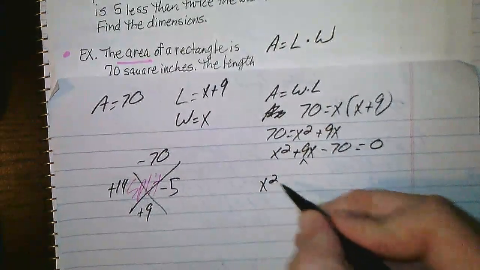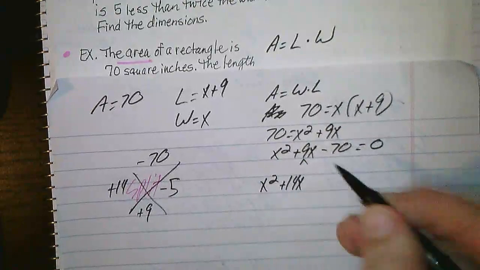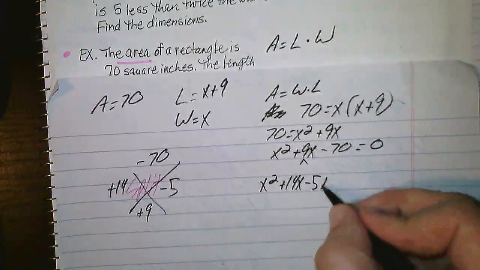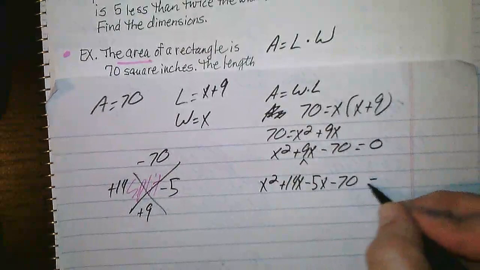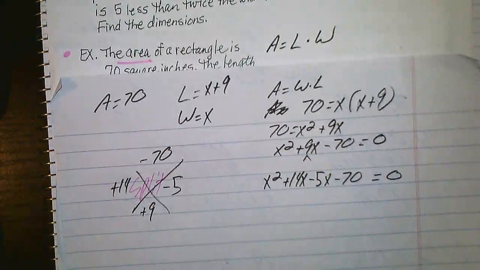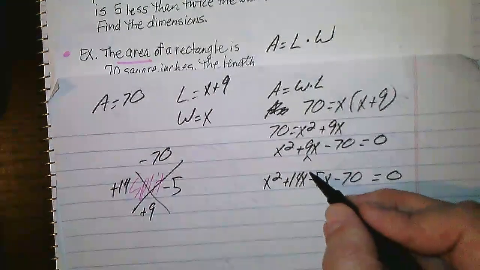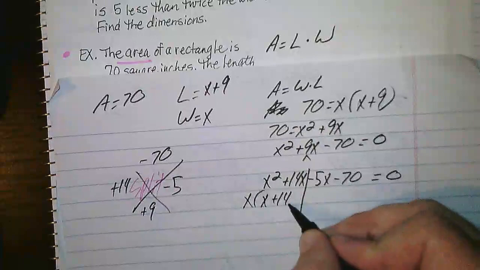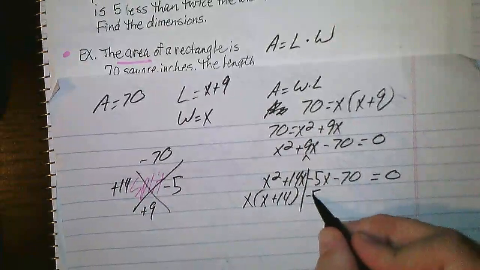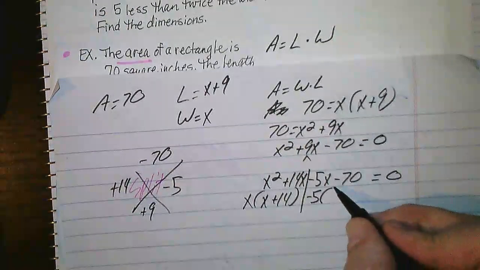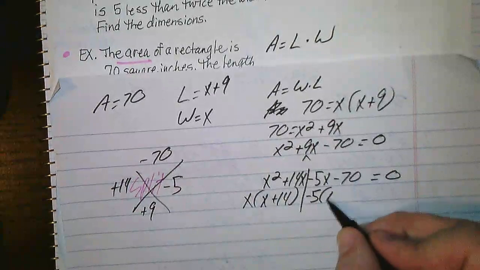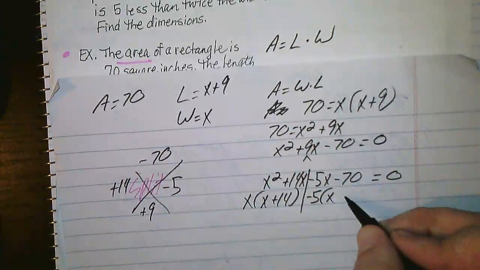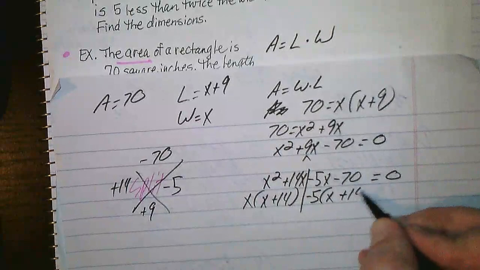So we have x squared plus 14x minus 5x minus 70 equals 0. Factor by grouping. Factor out an x to get x plus 14. Here, factor out a negative 5. Negative 5x divided by negative 5 is x. Negative 70 divided by negative 5 is a positive 14.